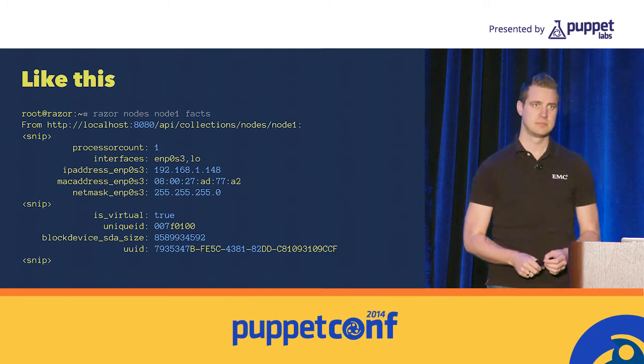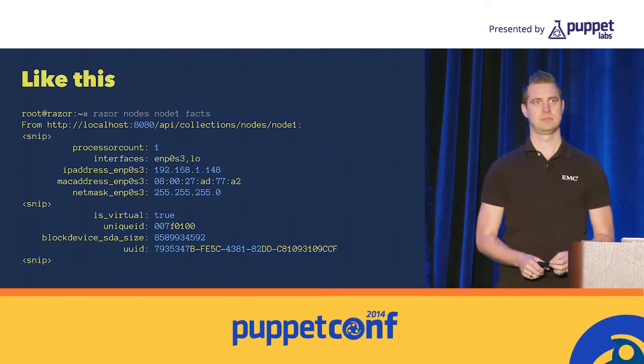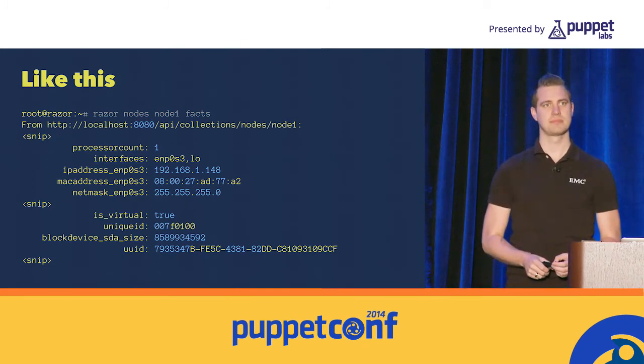Is it possible to have Razer nodes, instead of only sending their facts back to the Razer master, use this LLDP information and everything else that the machine gathers about itself and have that report into PuppetDB? Because then we could harvest that information, and instead of relying on humans scanning barcodes, we can simply have the servers stand up and report back information about themselves.